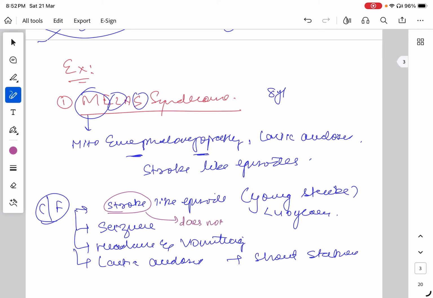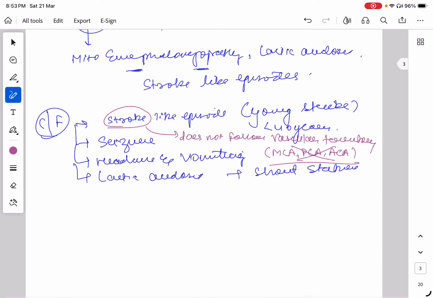In adults, in the normal older population, when stroke is happening, it follows a particular vascular territory, like middle cerebral artery infarct, posterior cerebral artery infarct, anterior cerebral artery infarct or posterior circulation stroke. But in case of MELAS, this territory is not followed. So if you find a young child with stroke, and that stroke is not following a particular territory in MRI imaging, then you can suspect MELAS in that case.